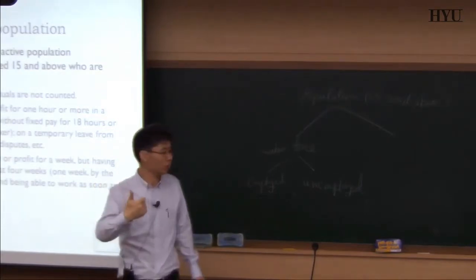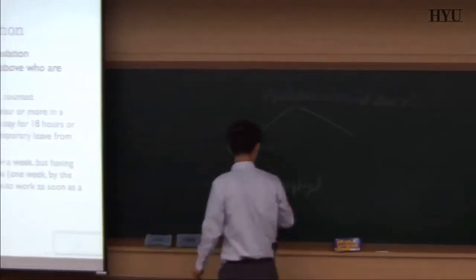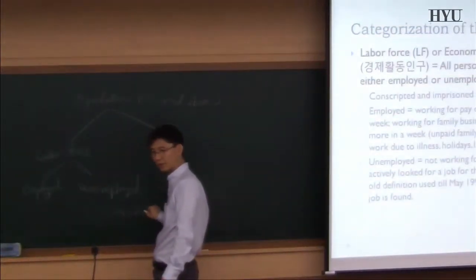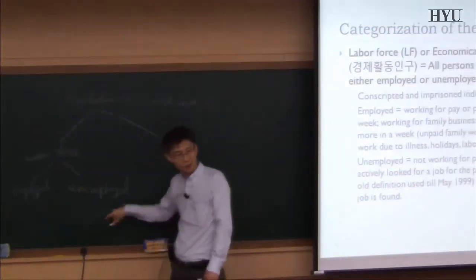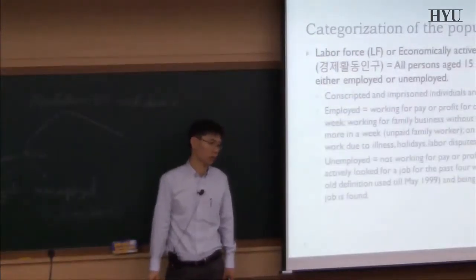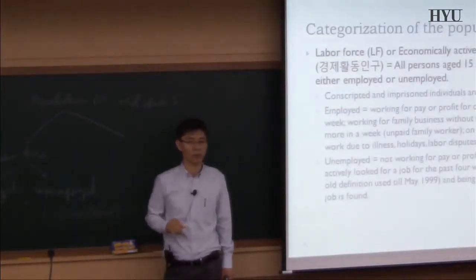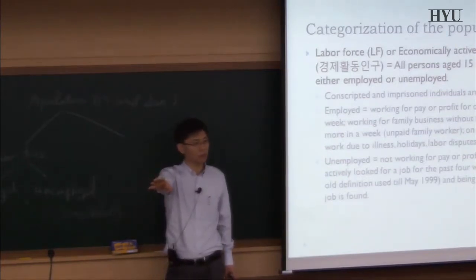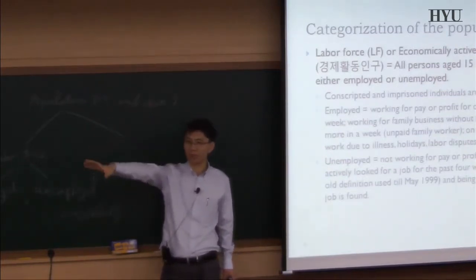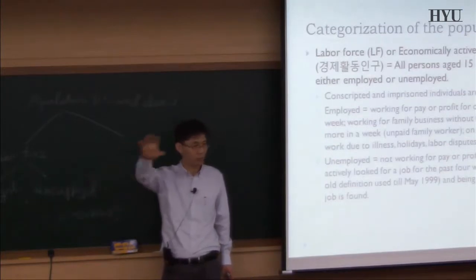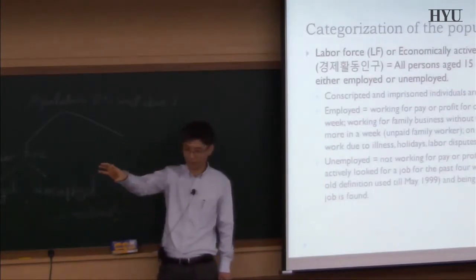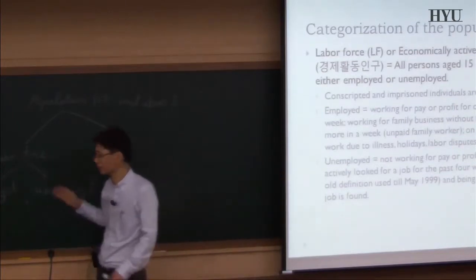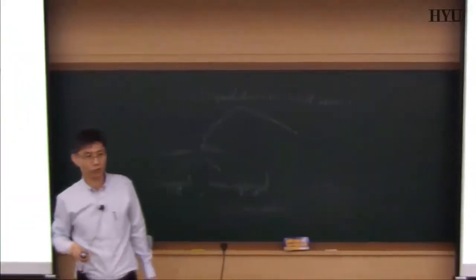So unemployed people sometimes called job seekers. Okay? Seeking a job. Seeking work. These people are unemployed. So there may be people who are not employed, but not looking for a job either. Then this person is not unemployed. This person is in different category. Okay? Questions?